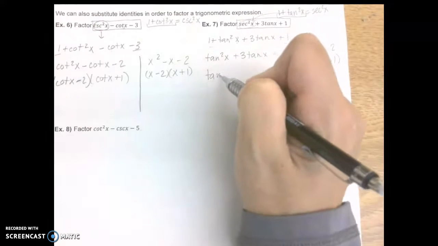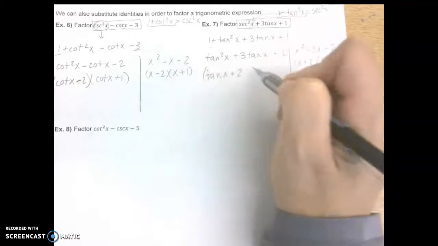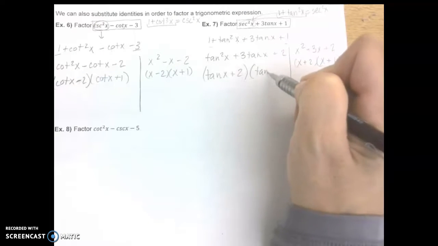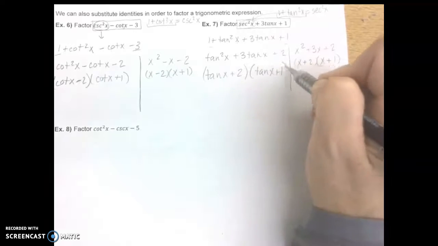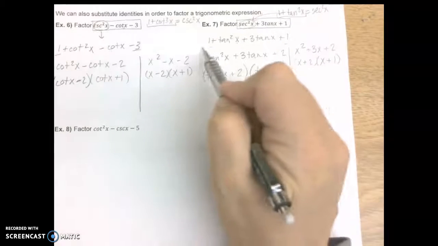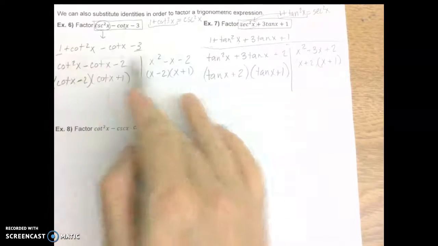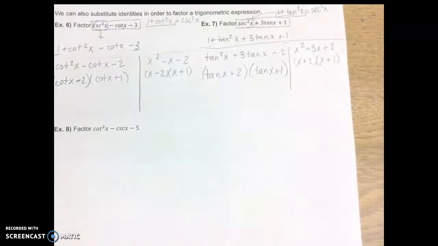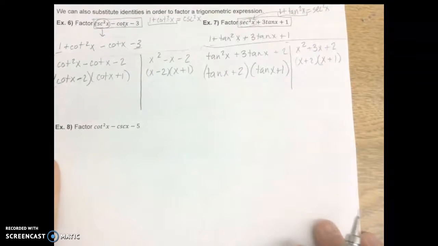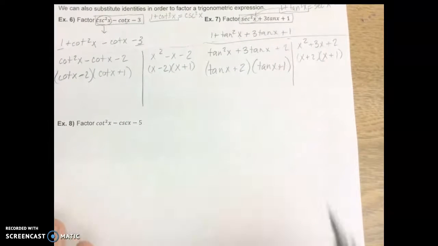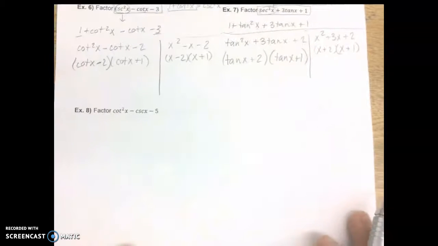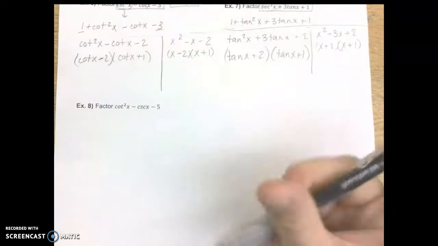So this will be tangent of x plus 2, tangent of x plus 1. Now I'm showing you the correlation between Algebra 2 factoring and the pre-cal factoring. Okay, one more for today.